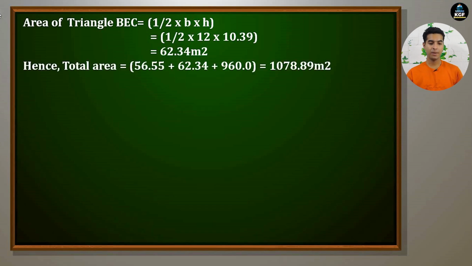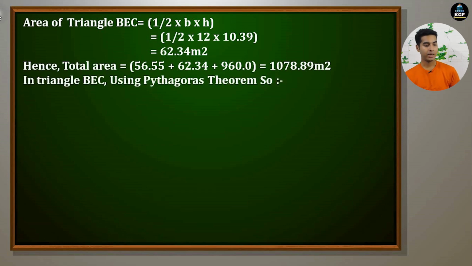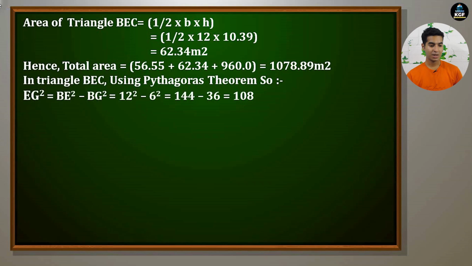So total area will be 1078.89 meter square. Now in triangle BEG we will use the Pythagorean theorem. So EG square will be BE square minus BG square, which equals 108 if you solve completely. So EG will be 10.9 meters, that will be the height of the triangle.